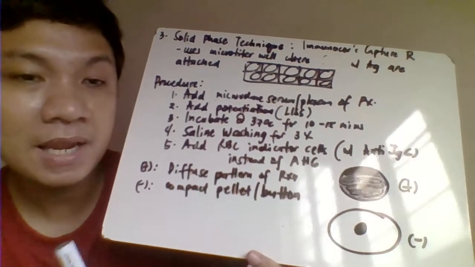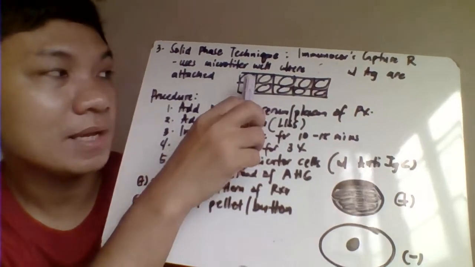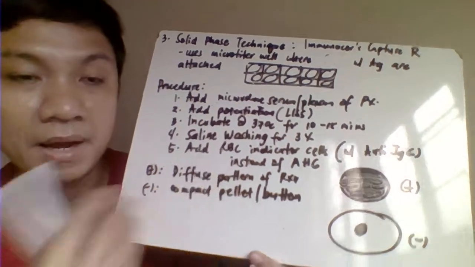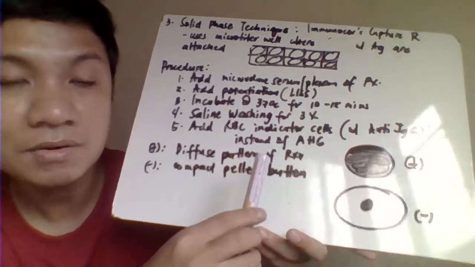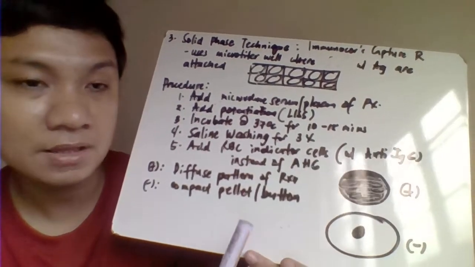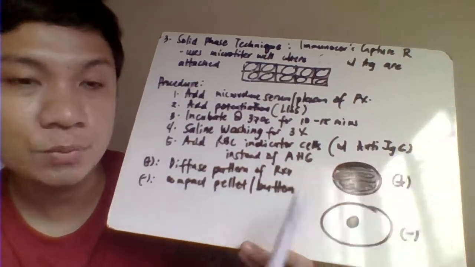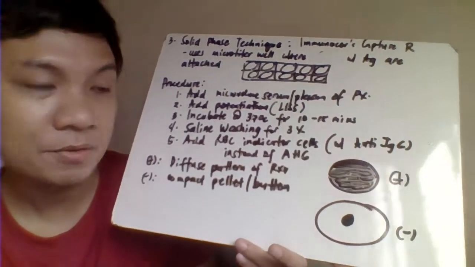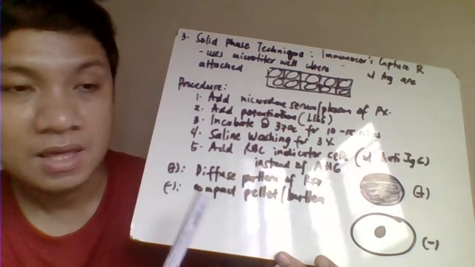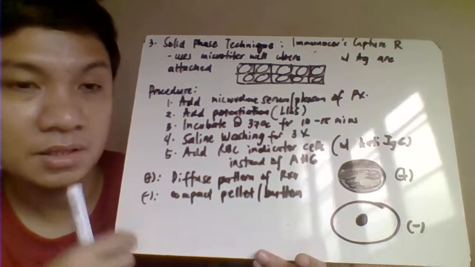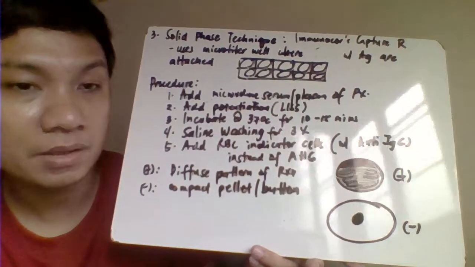So if ang sample natin contains antibody, magbabind dito sa antigen natin sa microtiter para ma-enhance ang kanyang interpretation kung positive or negative. Then mag-add ka ng indicator cell, nag-change ang color nito instead of the usual na anti-human globulin. So gumagamit siya ng indicator cells instead of the anti-human globulin. Then try to incubate that one and try to interpret the result.